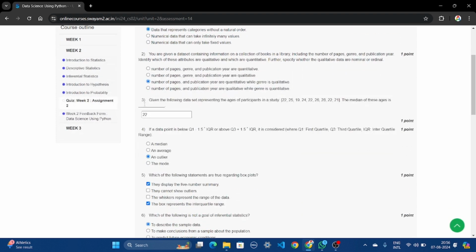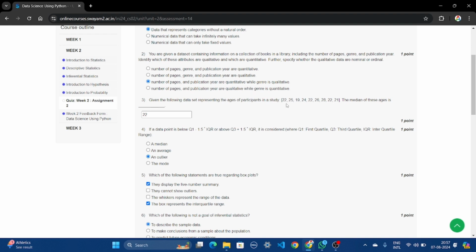Moving to third question. Given the following data set representing the ages of participants in a study, the median of these ages is. So here the count of data is 9. Here the count is an odd number. In that case, we have to divide the count by 2 and increment by 1.